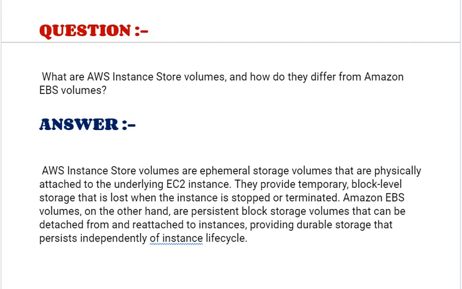They provide temporary block-level storage that is lost when the instance is stopped or terminated. Amazon EBS volumes, on the other hand, are persistent block storage volumes that can be detached from and reattached to instances, providing durable storage that persists independently of instance lifecycle.